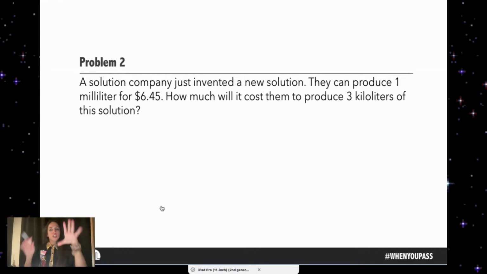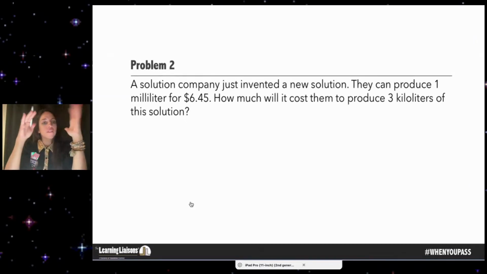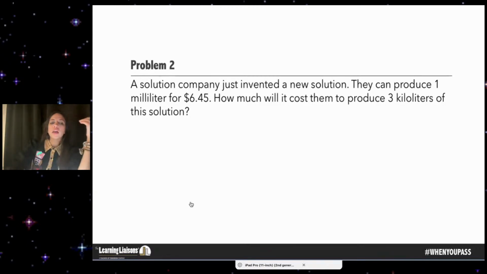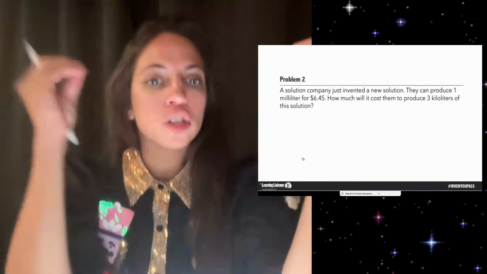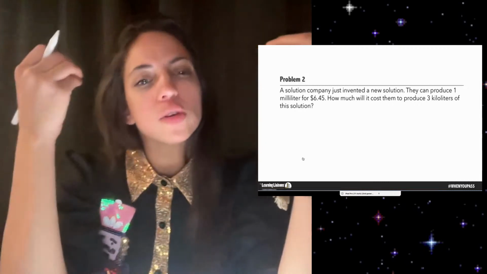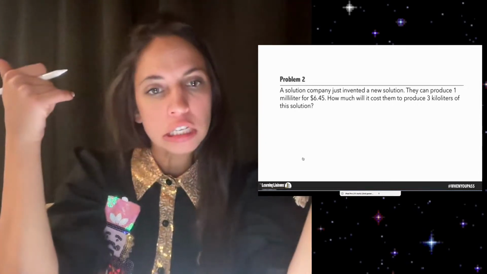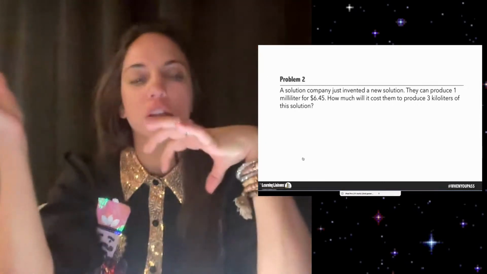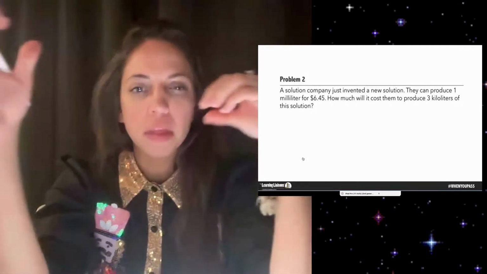In this situation, we are looking at conversions. So when we're doing conversions, we just need to understand what that conversion is. Depending on the test that you're taking will determine if you get a formula sheet or not. Some formula sheets have conversions on them, and some formula sheets do not have conversions on them.